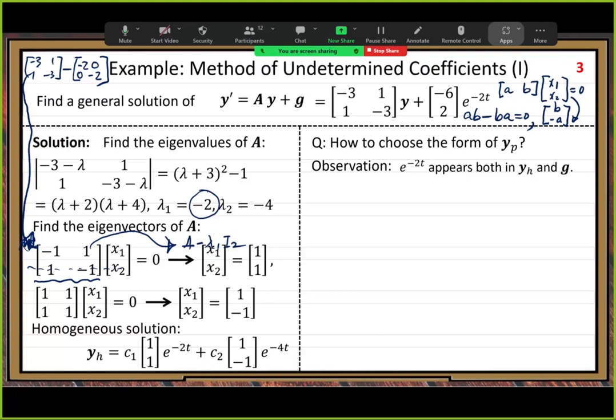If you see lambda plus 2 squared equals 0, then we say that minus 2 is repeated twice, a double solution. But here we don't have that square. So it's a single solution.